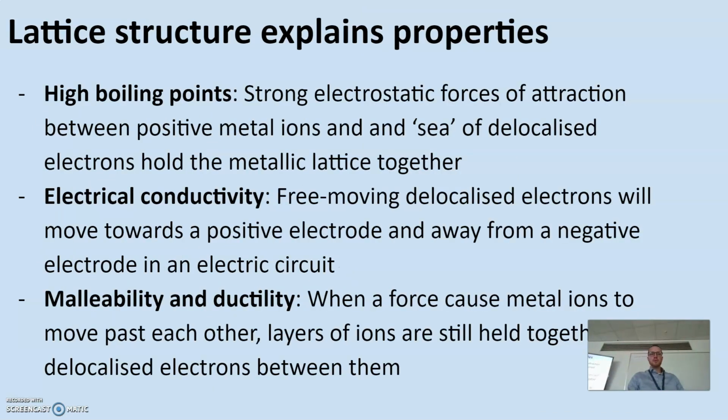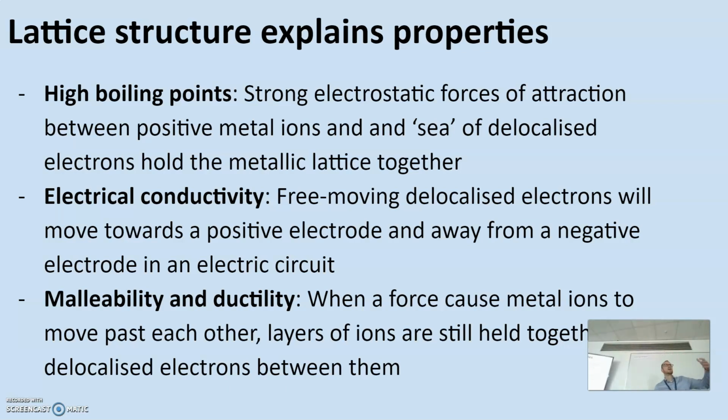So using this model, we can help to explain those different properties of metals. High melting and boiling points: strong electrostatic force of attraction. So static means still, electro means charged, so it's a still charged base force of attraction.